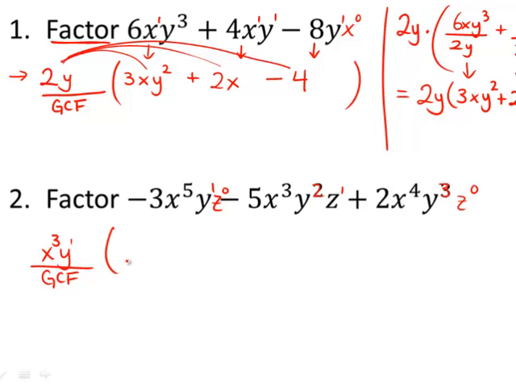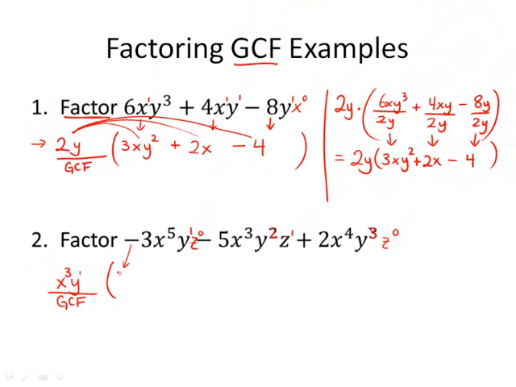Now we look at what's left. Sometimes it's an option you may take: you want to have the leading term, the first term, to be positive. So you could take out a negative if you like.